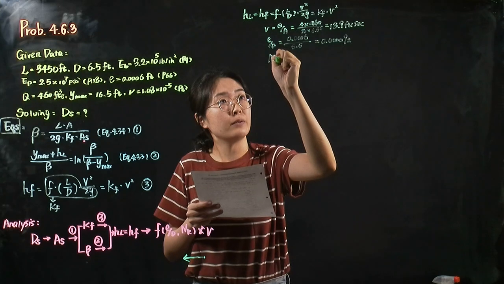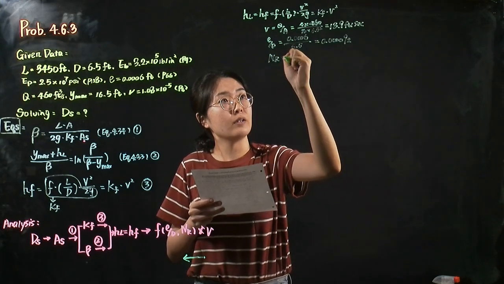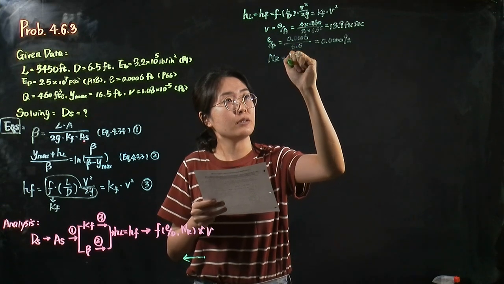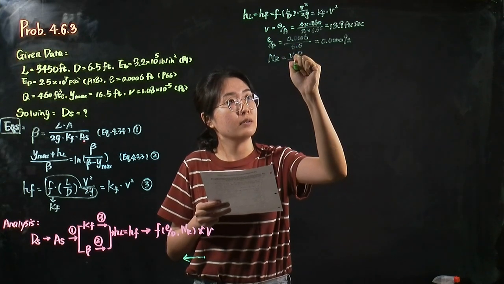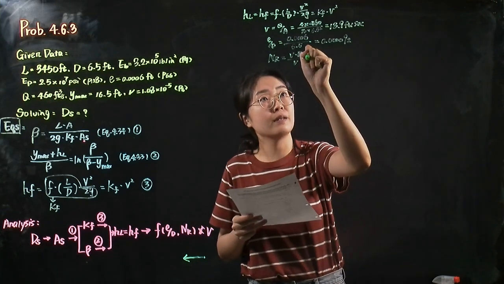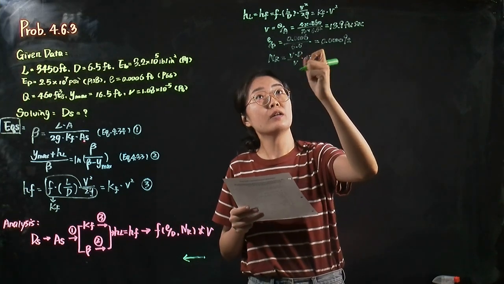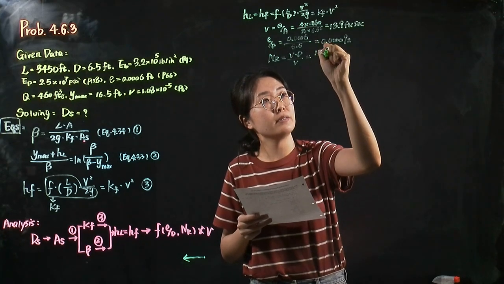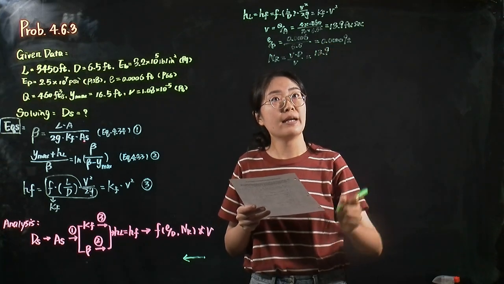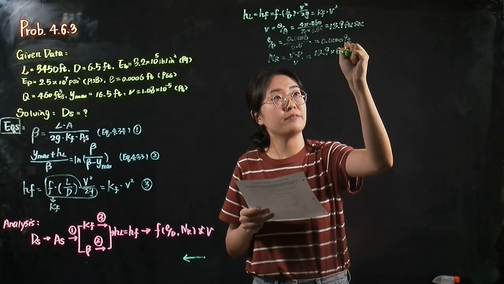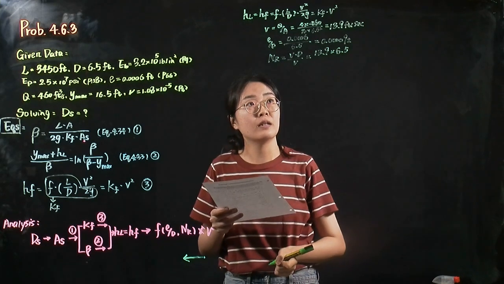And the Reynolds number equals the velocity times diameter over the kinematic viscosity. The velocity is 13.9 feet per second. The diameter is 6.5 feet.